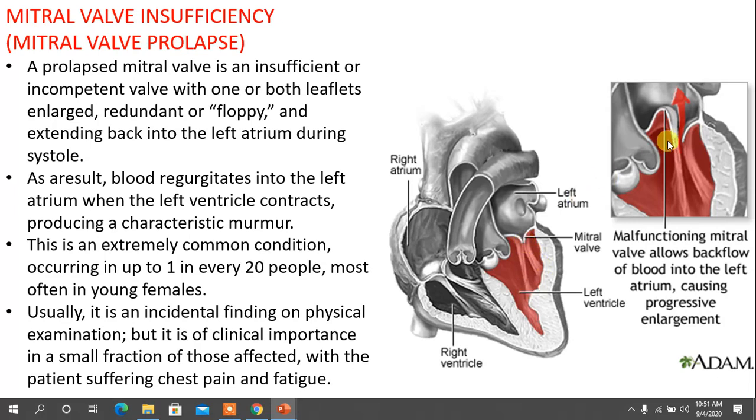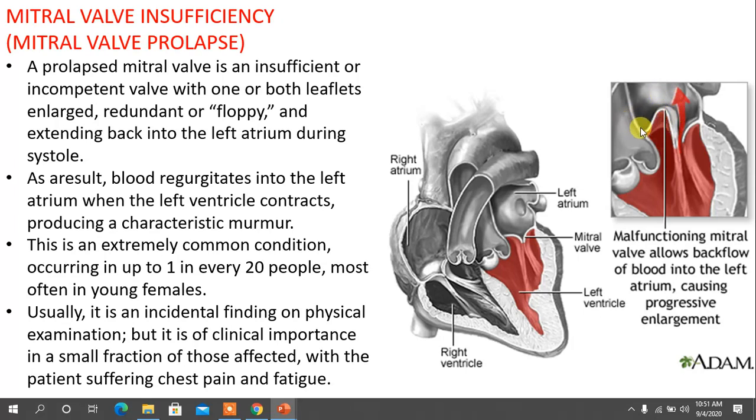But in this diagram, you see the chordae tendineae or papillary muscles may be damaged, and here the valve is protruding into the left atrium. Due to the pressure in the left ventricle, the valve is prolapsing into the left atrium, and with the passage of time it may become insufficient, so the blood from the left ventricle may regurgitate back into the left atrium.